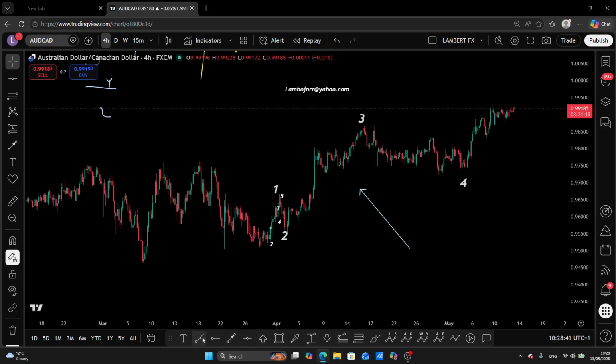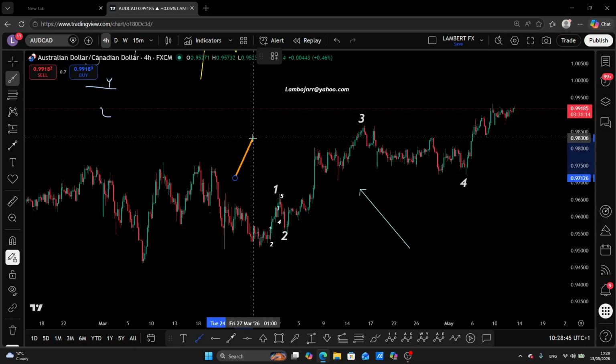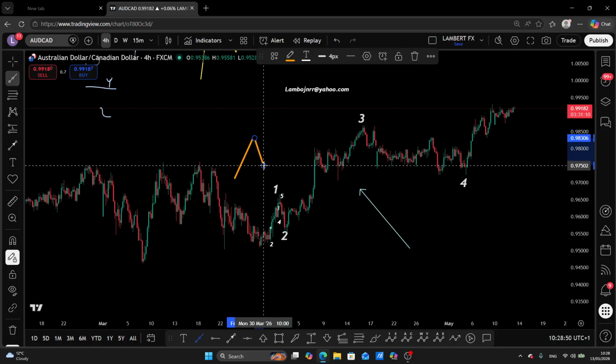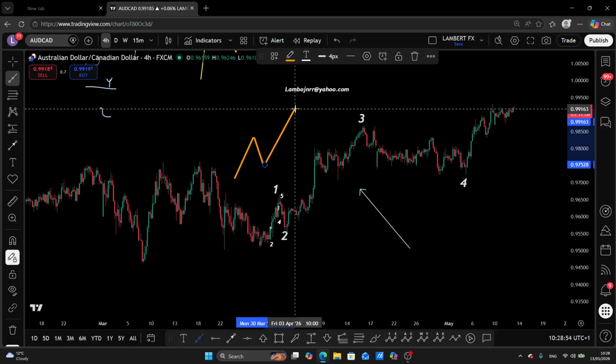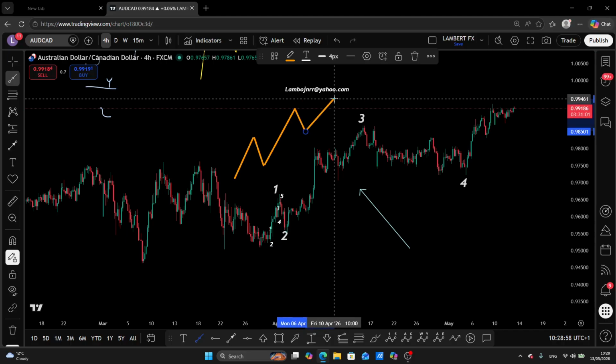In Elliott wave, we have the first impulse, and then we have a pullback, and then you have leg 3. And then you have a retracement for 4, and then you have the final leg 5.